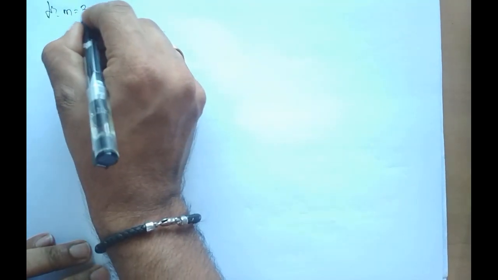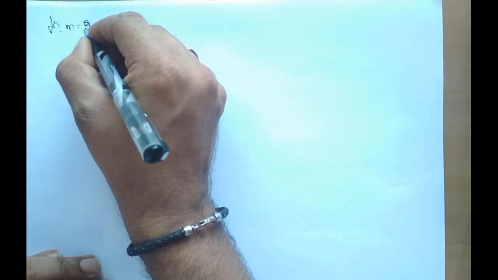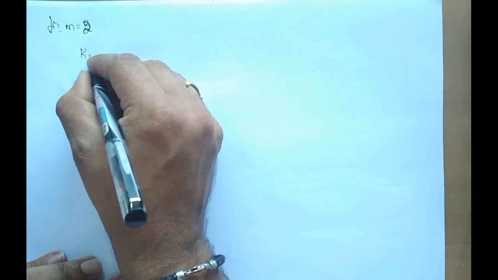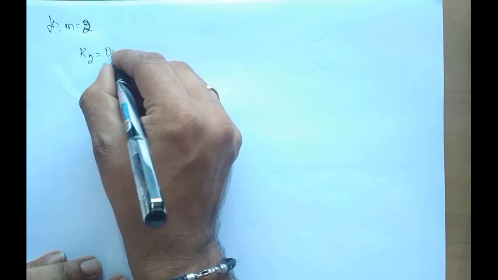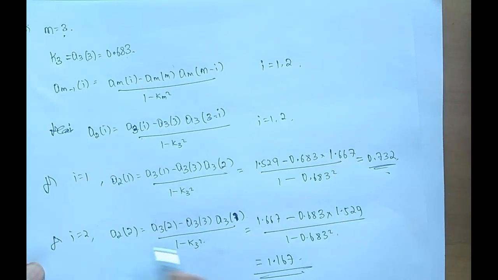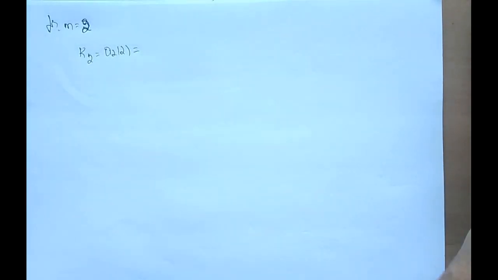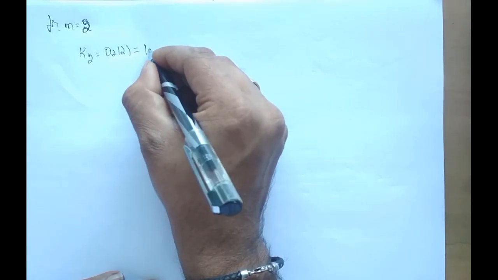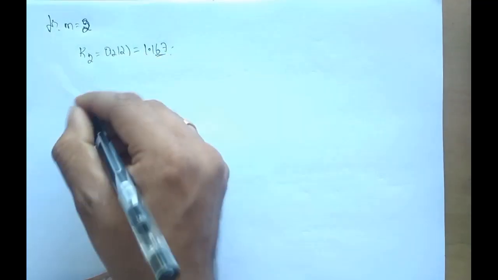Now similarly for m equal to 2, we have k2 equal to a2 of 2. What is the value of a2 of 2? a2 of 2 is 1.167, right?